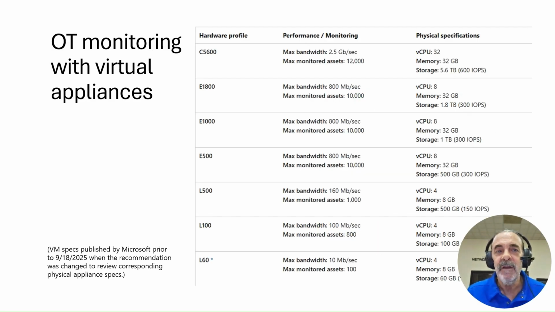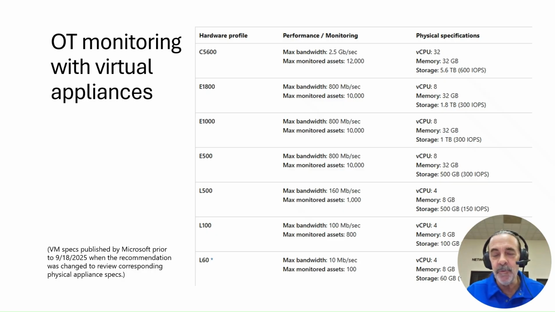You can also have virtual appliances. If you have healthy Hyper-V or VMware ESX-based virtualization assets at the locations where your OT devices are, you can deploy your sensors virtually, and then you have to cable your VMware host or your Hyper-V host.